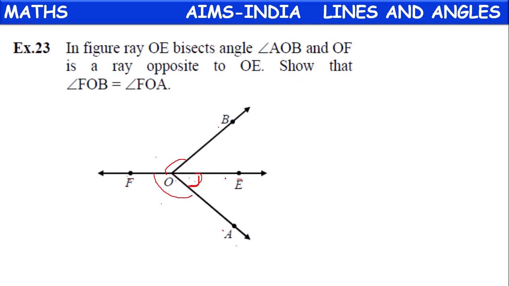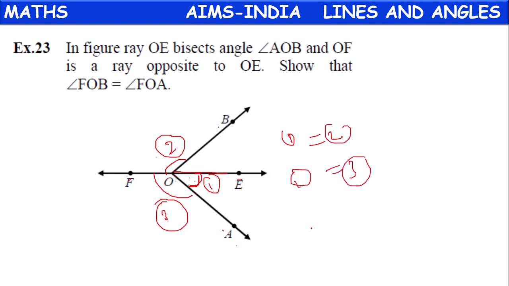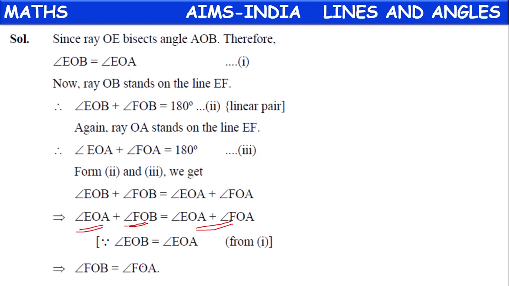Suppose this EOA is 1, 1 is equal to 2, and 1 is equal to 3. Then indirectly we can write 2 equals 3, which means FOB equals FOA.